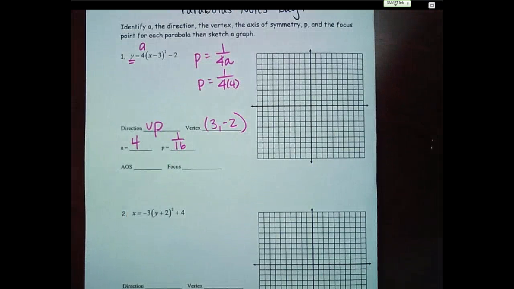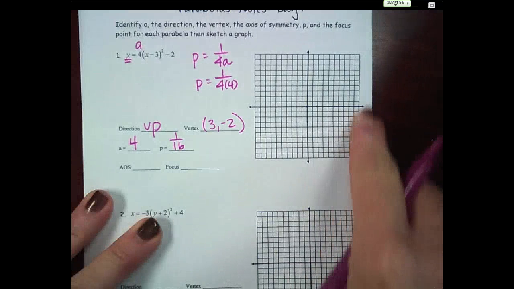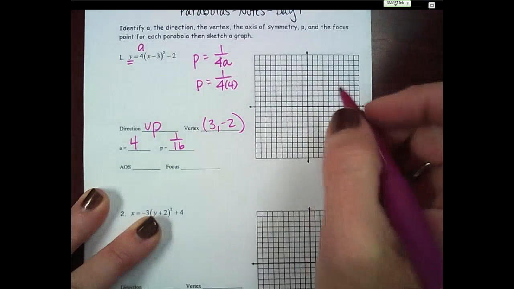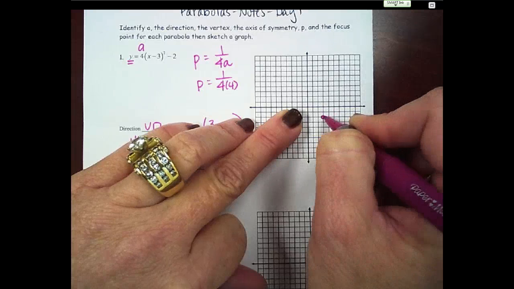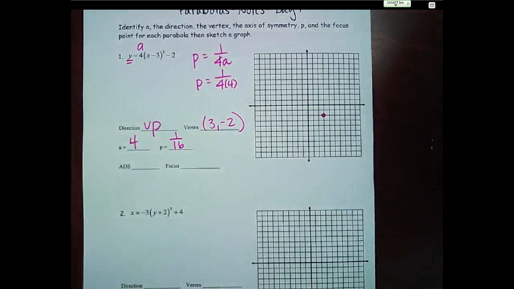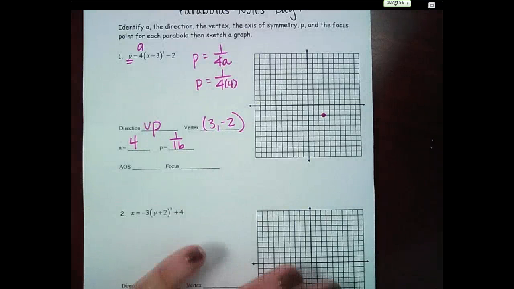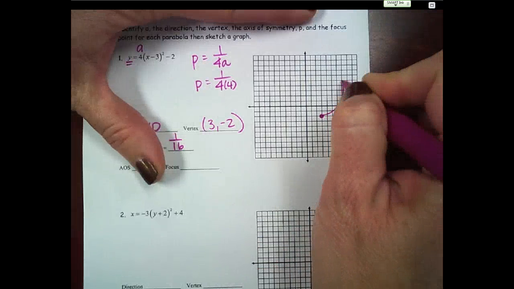Okay, guys, remember P is the distance from your vertex to your foci. So let's graph our vertex first. So 3, -2. There's my vertex. And it says in the problem that we need to open the parabola up, so you can draw your parabola, just sketch a parabola.